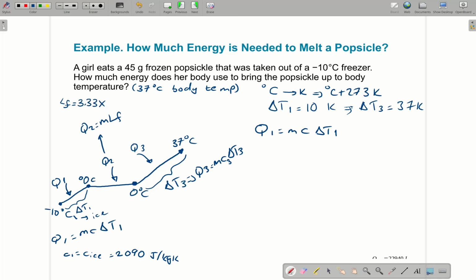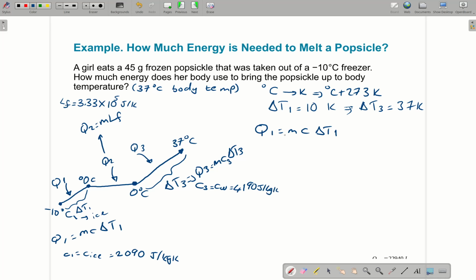These are all from the tables. And here C3 will be water, and that's different than ice, and that's 4,190 joule per kilogram Kelvin.